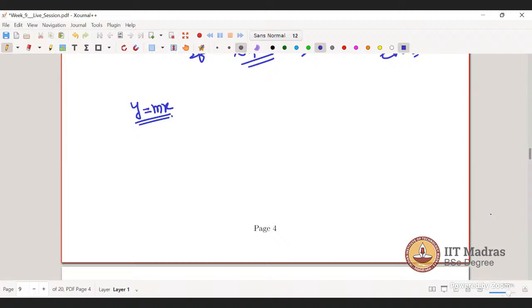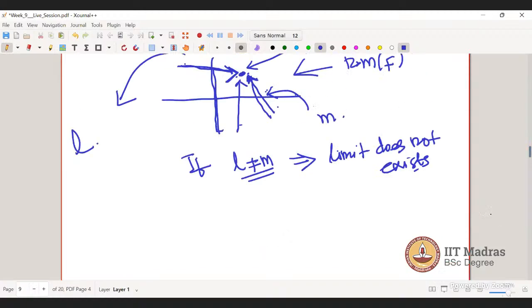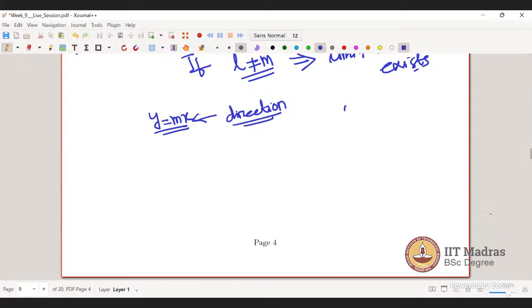Sorry, I didn't get your question. I'll come to a few questions and try to discuss. When you take y equal to mx, this is a direction. Suppose you want to compute the limit of the function at 0,0.